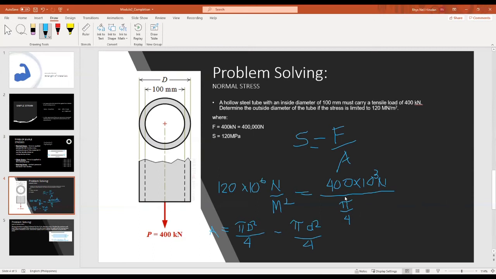We have a given of 100 millimeter diameter.